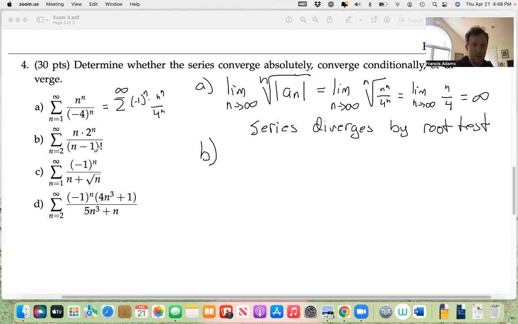So then B is a case where we want to use the ratio test because we have the factorial in particular, and the other pieces, the exponential and the polynomial, those work in the ratio test too. So the ratio test is the absolute value of a_{n+1} over a_n.